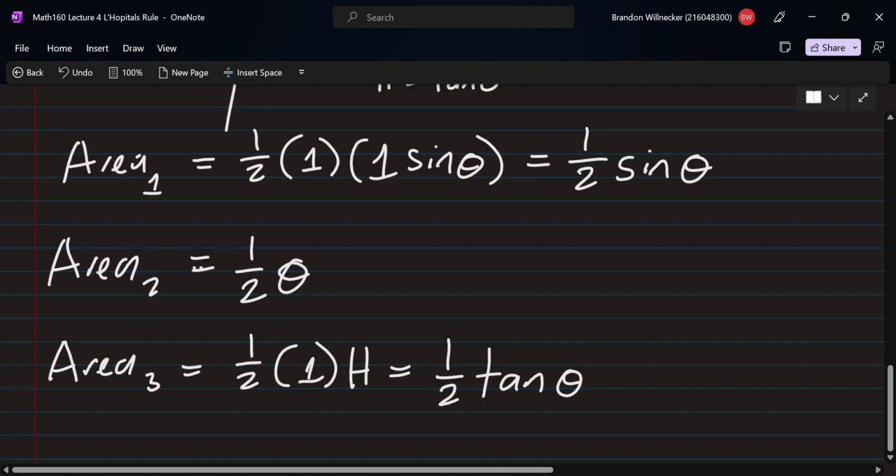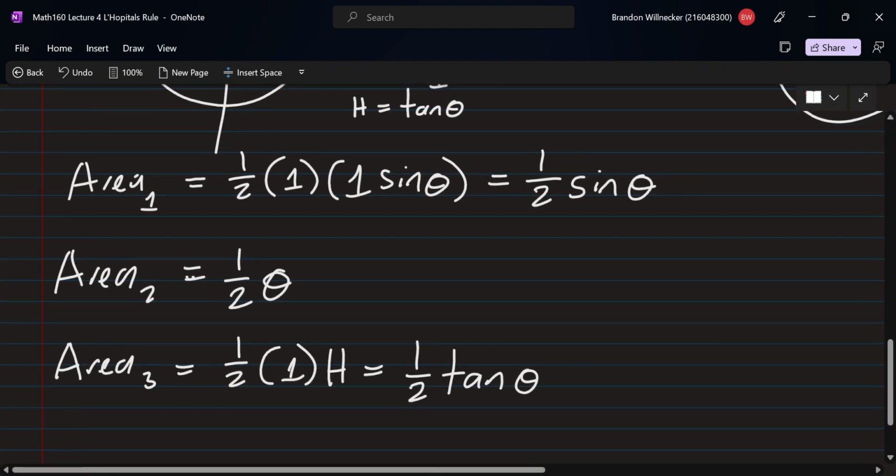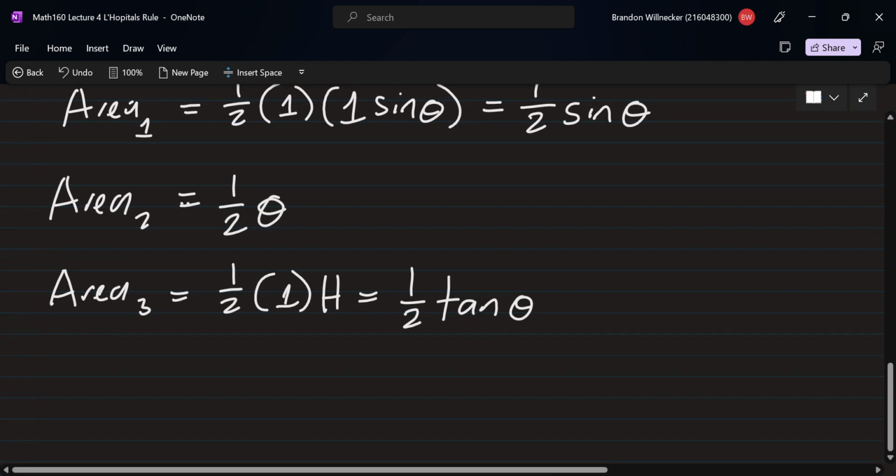So we've got the smallest area, area number 1, that was that inside triangle. We've got area number 2, which is the next biggest area, that pizza slice. And area number 3, that's the area of the largest triangle that we've got. And it's in order: smallest triangle, the pizza slice, and then the extended triangle. So we can form an inequality with this.